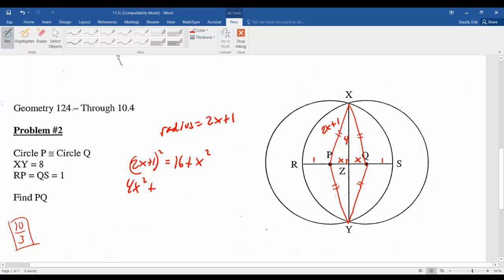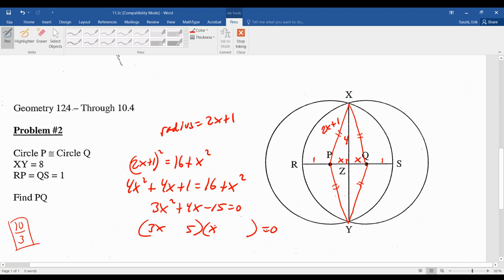So I'm going to go ahead and expand that. Okay, we're going to move this over. 3x squared plus 4x minus 15. We got a quadratic here. 3x and x. You're going to do 5 and 3, minus and plus.